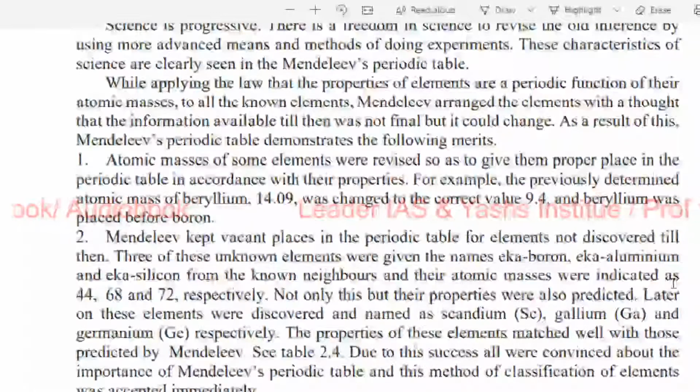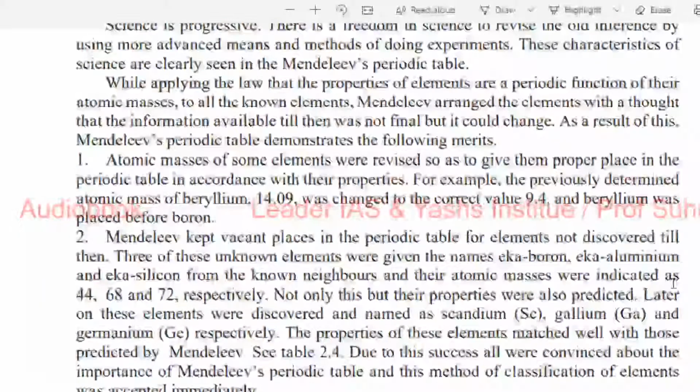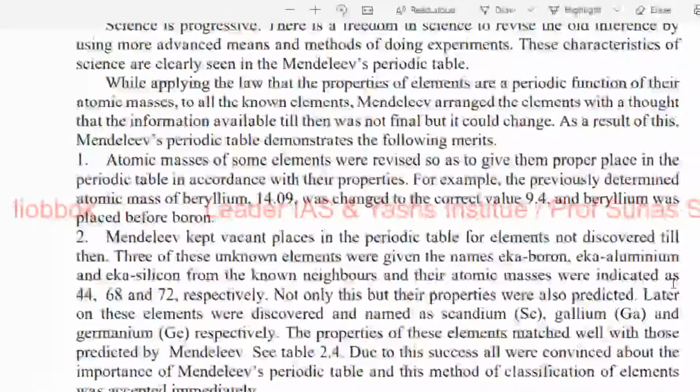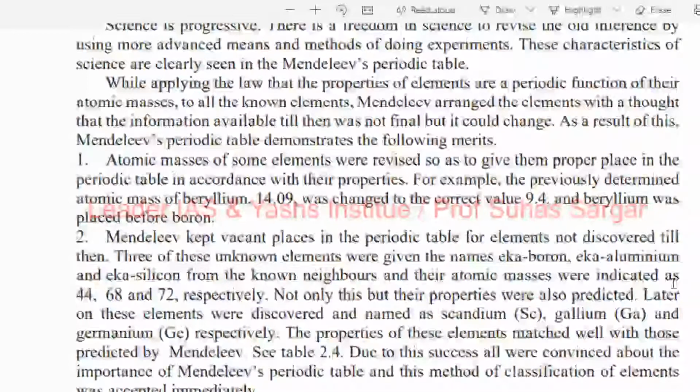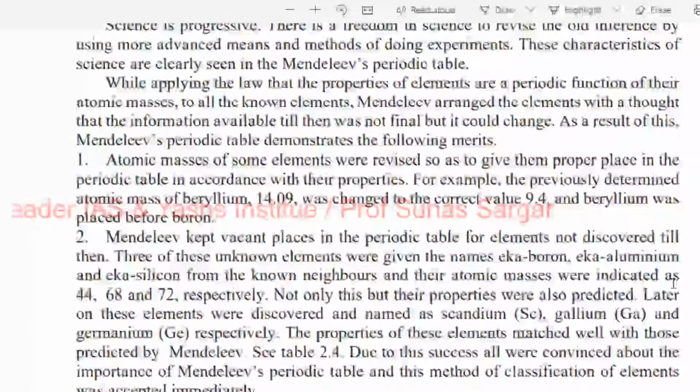Three of these unknown elements were given the names Eka-boron, Eka-aluminium, and Eka-silicon. From the known neighbors, their atomic masses were indicated as 44, 68, and 72 respectively. Not only these, but their properties were also predicted. Later on, these elements were discovered and named scandium, gallium, and germanium respectively.